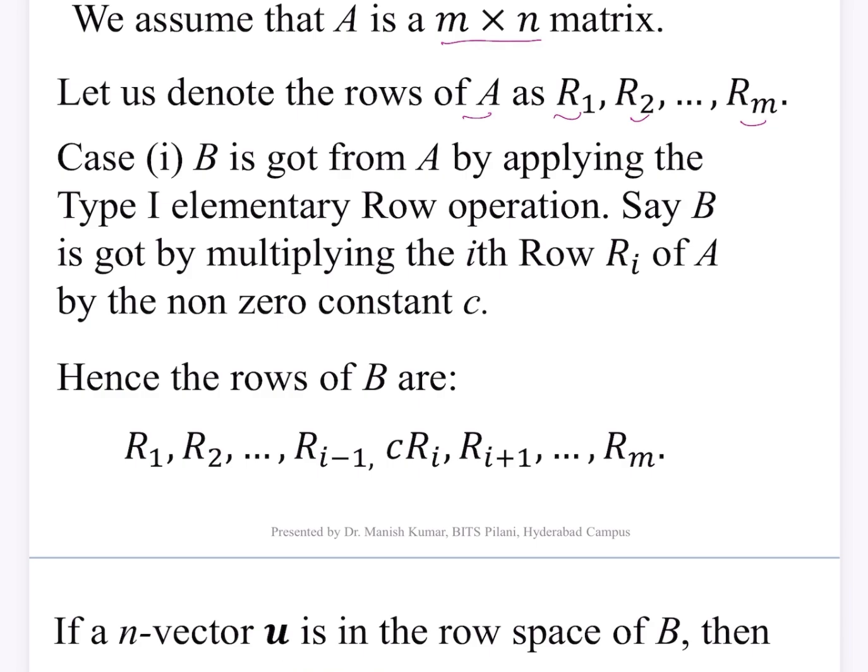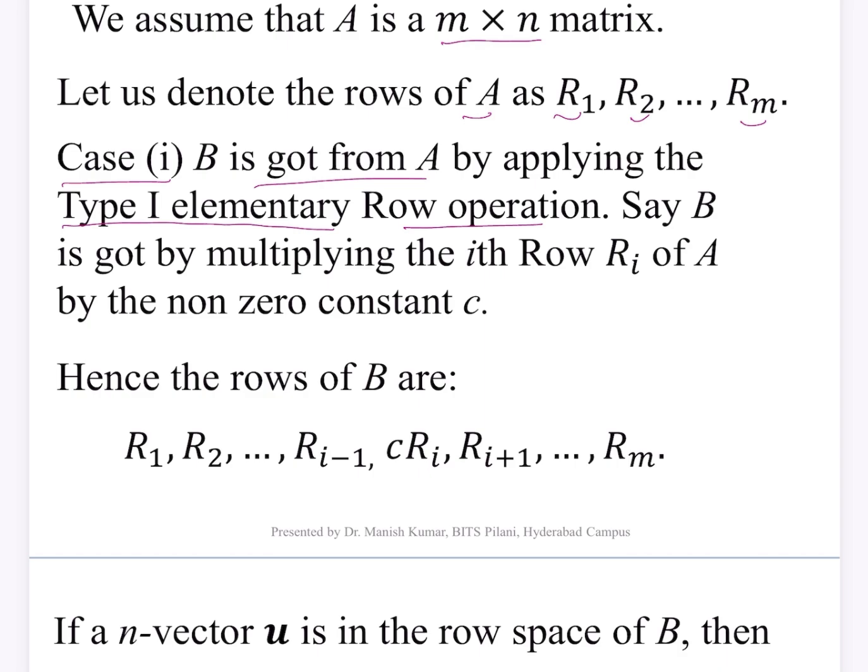So now, case 1: B is obtained from A by applying a type 1 elementary row operation. Type 1 elementary row operation means we can multiply any row by a non-zero scalar.